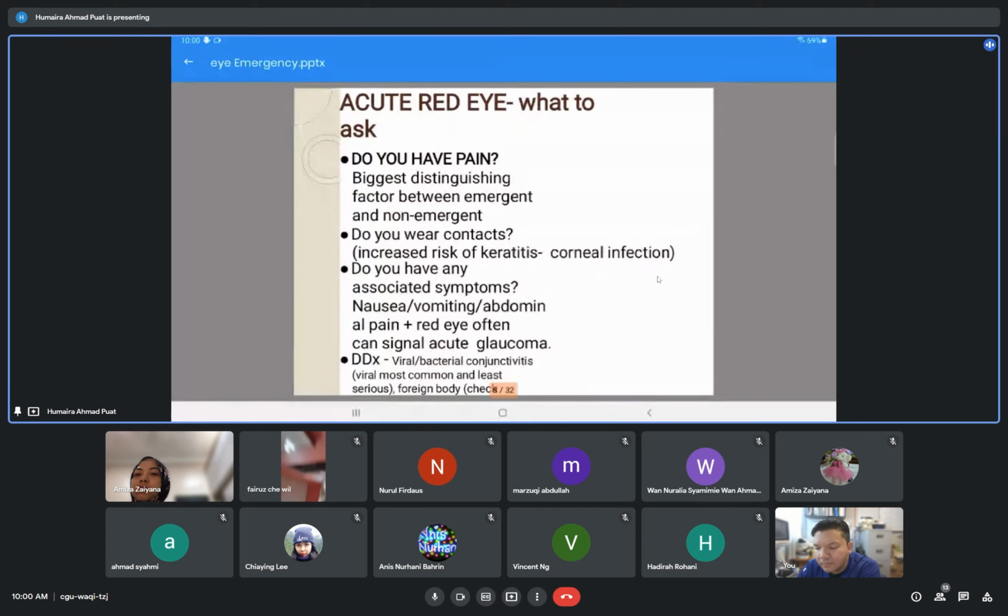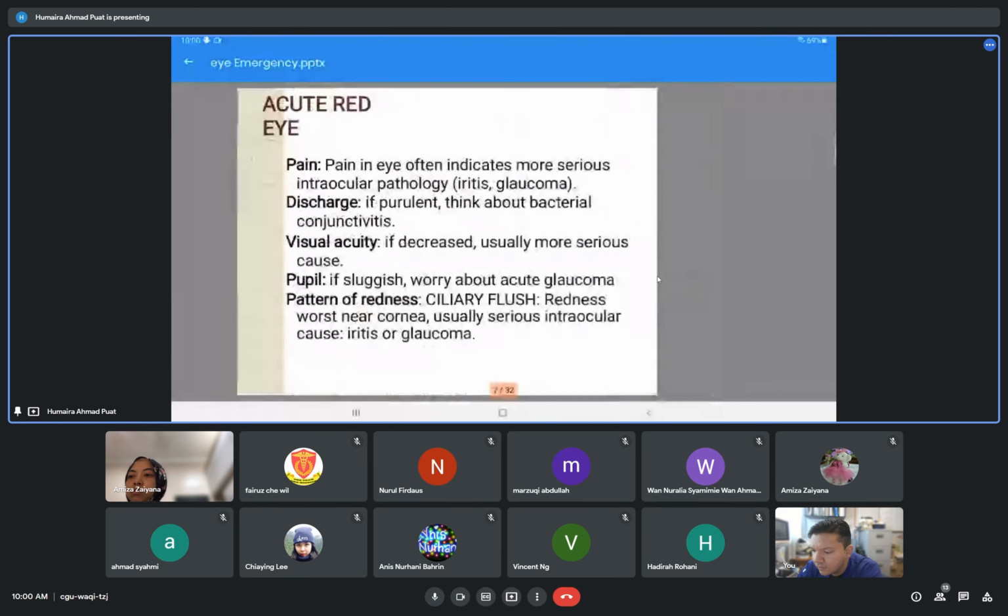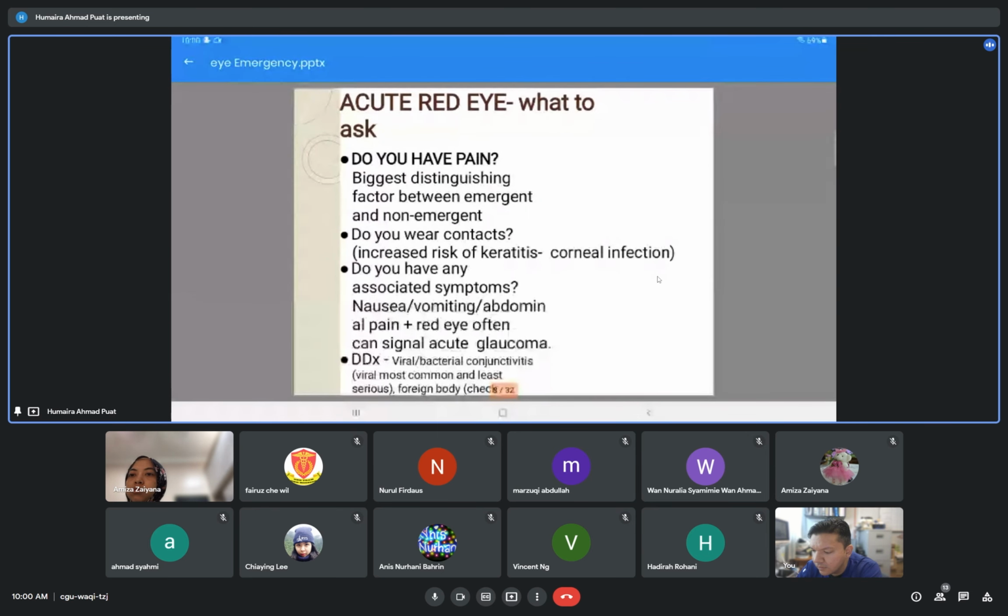This is what we can ask when a patient presents with an acute red eye. Like I explained before, ask about the pain, and whether the patient wears contact lenses, and ask about other symptoms to exclude other differential diagnoses. Ask about nausea, vomiting, and abdominal pain, because these often signal acute glaucoma.